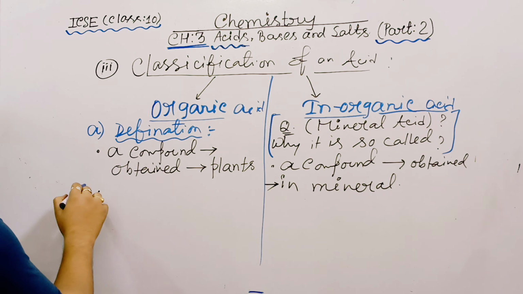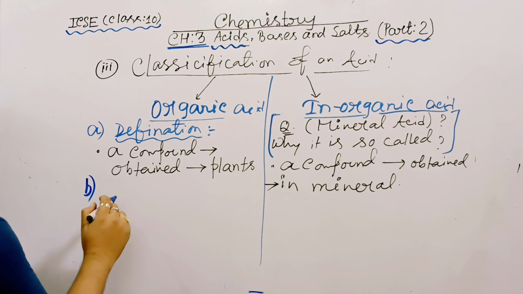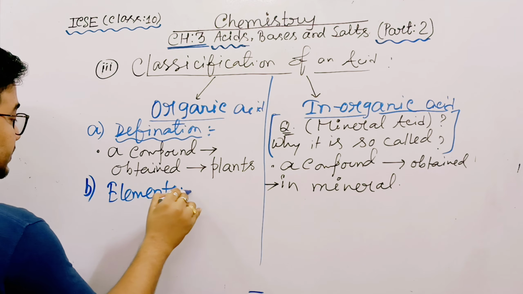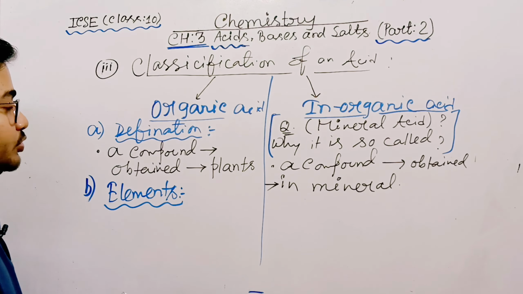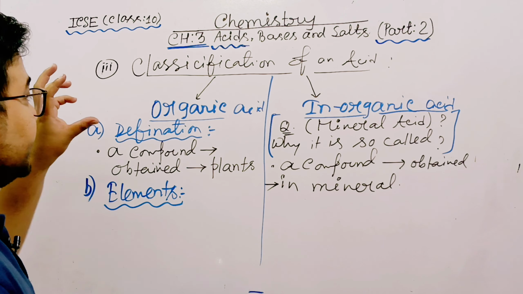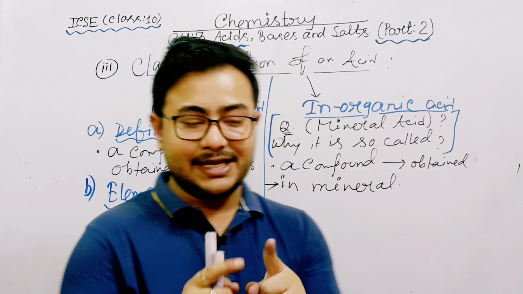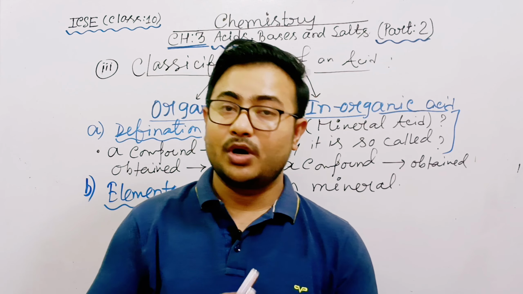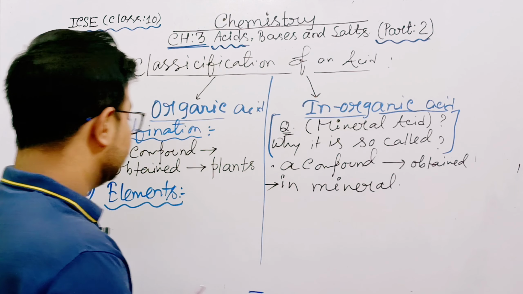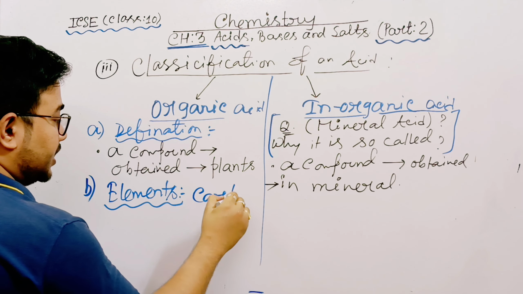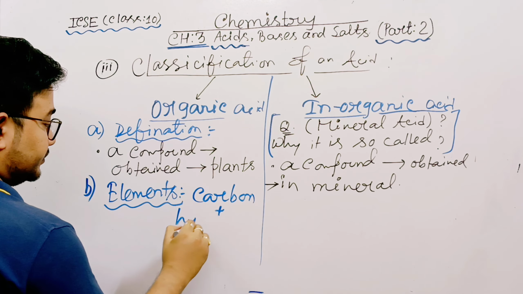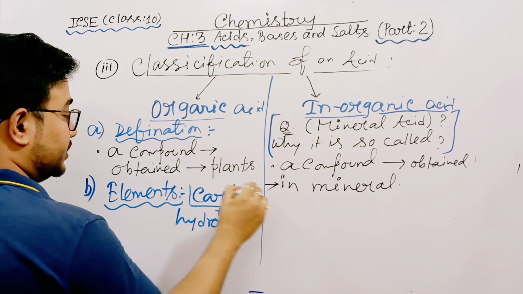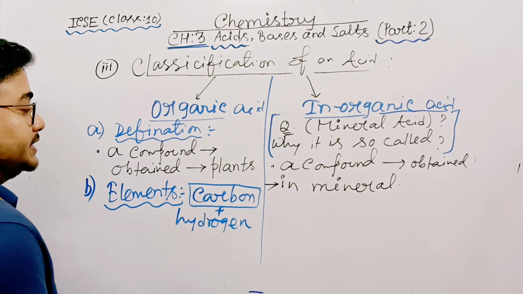Now the second point. Second point is elements. Look at the board. Keep in your mind, organic acid must contain carbon atom, carbon along with hydrogen. Since it contains carbon, that is why it is called organic acid.